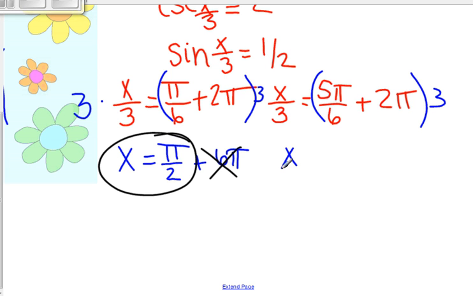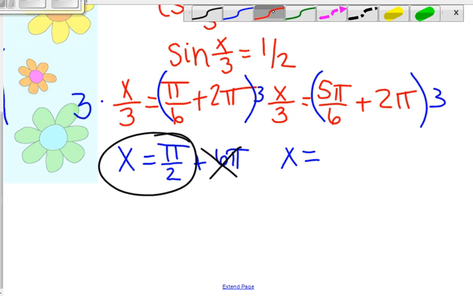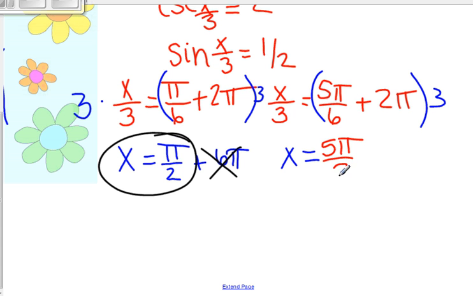So we go to the second one, x is going to be 15 pi over 6, which would simplify to 5 pi over 2, again, plus 6 pi. Now, 5 pi over 2 is bigger than 4 pi over 2, which is 2 pi, so therefore this solution is not a valid one, so we only have one solution here, which is pi over 2.